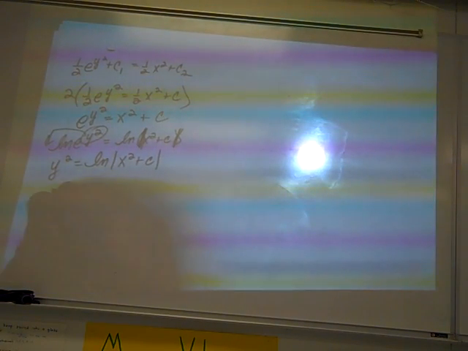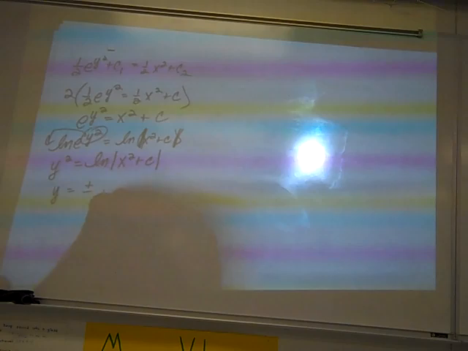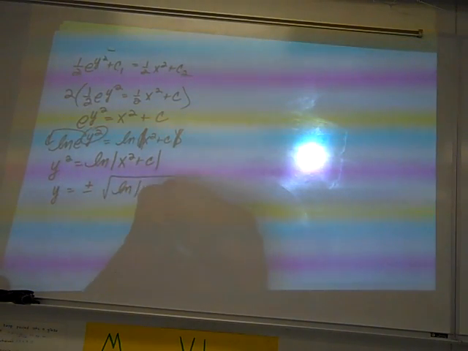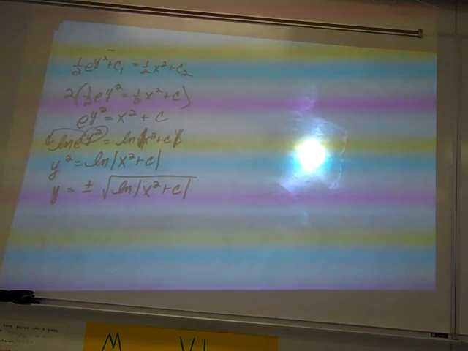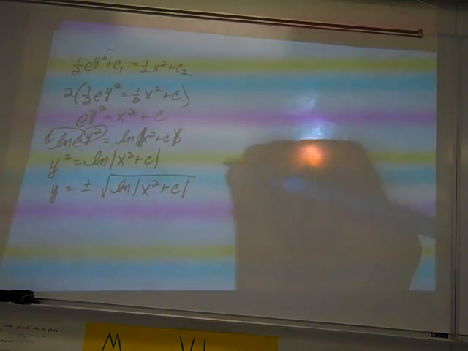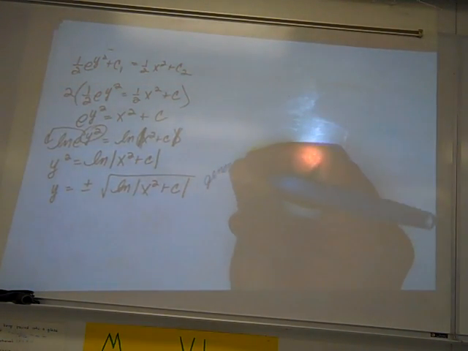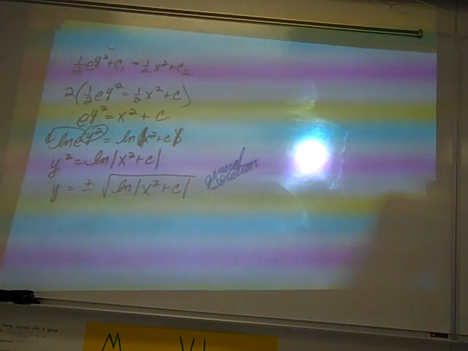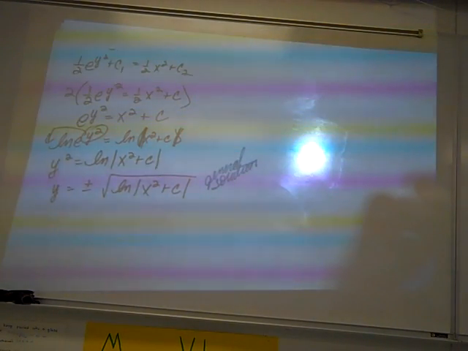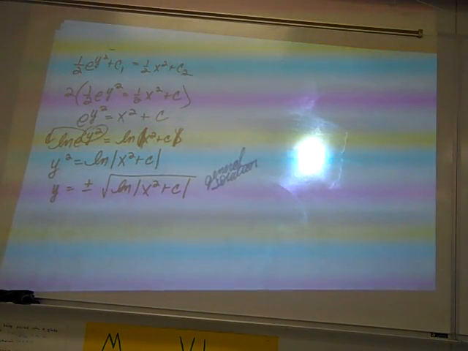If I want to solve it for y, y will be plus or minus the square root of the natural log of the absolute value of x squared plus c. Great. What we have is a general solution. Again, because our equation involves c, that's a general solution. But what I'm after is a particular solution.